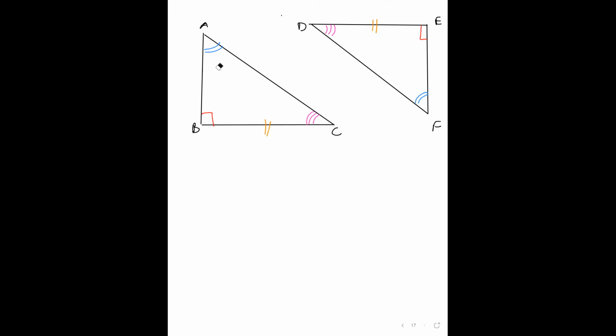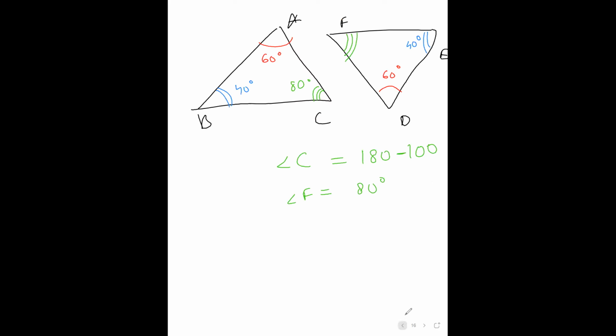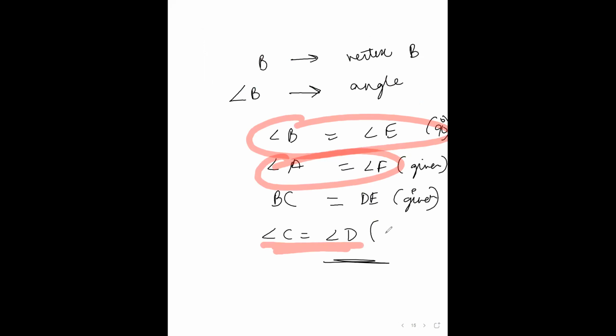Now you no longer need angle A and angle F. Here we have written angle C is equal to angle D. Reason being, it is the third angle, since the other two angles are equal.